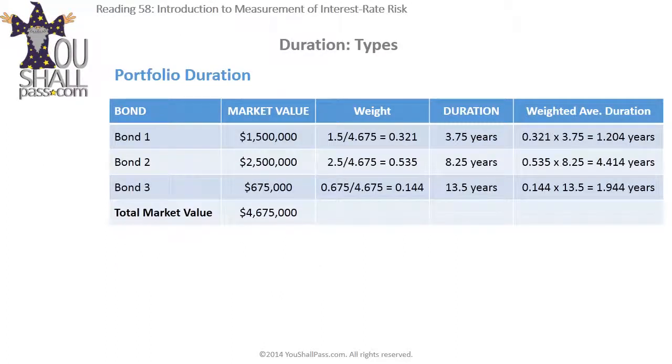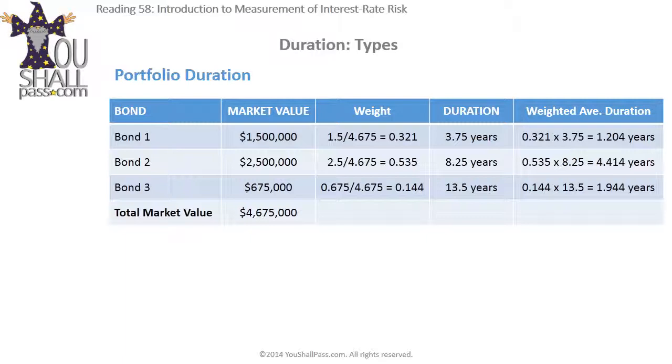And by way of a worked example, we have this table where we have three bonds with market values of 1.5 million, 2.5 million, and $675,000 each. The duration for each bond is 3.75 years, 8.25 years, and 13.5 years.